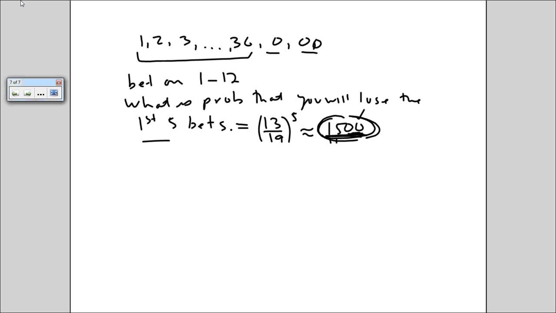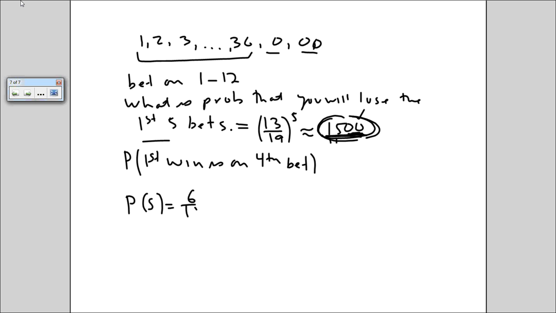How about another part? The first win is on the fourth bet. The probability that the first win is on the fourth bet. Remember, the probability of success was 6 out of 19, and the probability of failure was 13 out of 19.